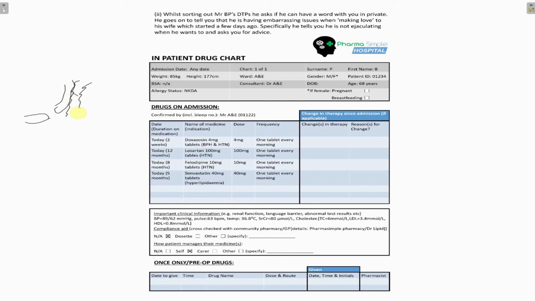You've got this area here, which is known as the seminal vesicle. And then, sorry, it's a bit of a bad drawing. And this is the urethra. So this is a zoom in version.